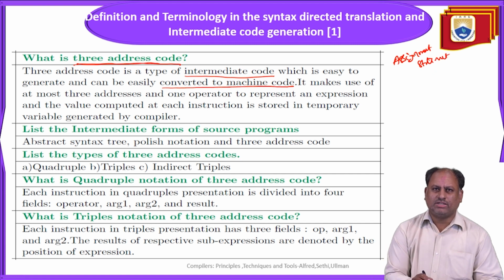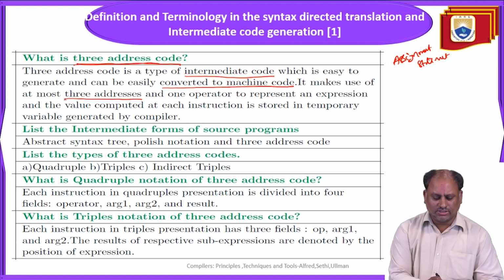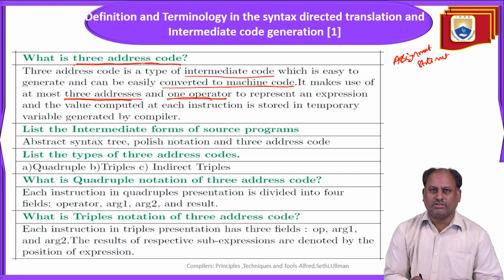If not, then that is to be written in the form of a 3-address code representation, so that if that is to be converted, it is easy to process for the machine, that means generation of the machine code. It makes use of 3 addresses. That means 3 operands and at least one operator is required, and a maximum of 3 operands are used to represent that expression.